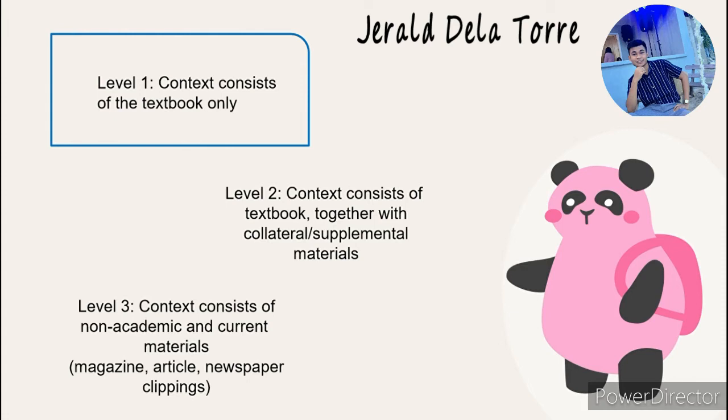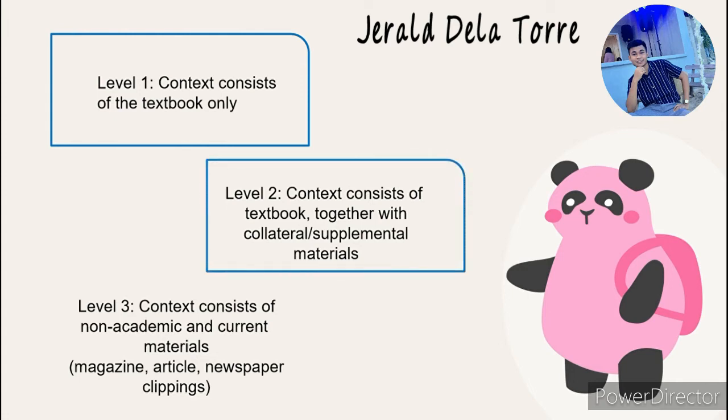This kind of learning situation, where the context consists of the textbook only, is characterized by the absence of problem-solving experience for the learners, and the instruction revolves around the interpretation or the analysis of the content of the subject matter assigned.